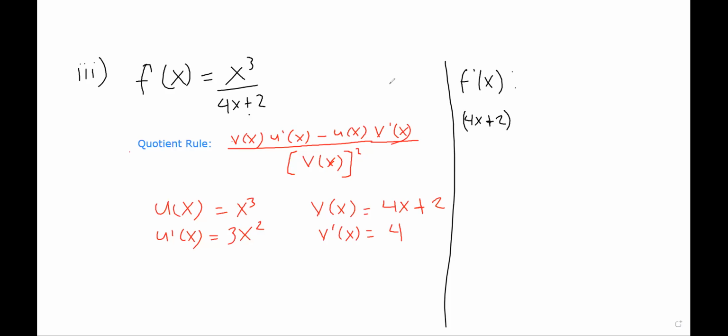Bracket that, multiplied by u prime, or the differential of u, and we say that's equal to 3x squared, minus our u. Our u of x is equal to x cubed.